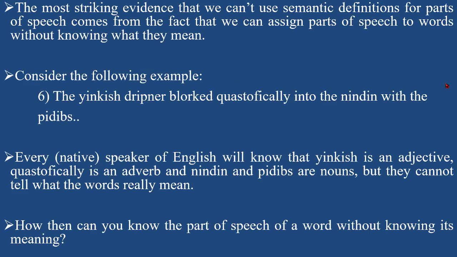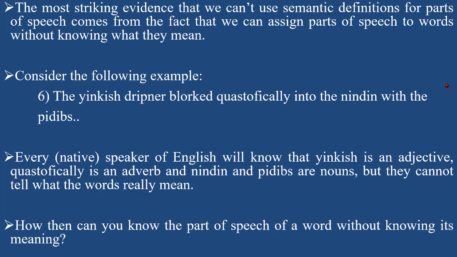The most striking evidence that we cannot use semantic definitions for parts of speech comes from the fact that we can assign parts of speech to words without knowing what they mean. For example, in 6: The Yinkish Dripner blocked caustically into the Nindin with the Pedips. As you can see, this sentence does not exist.